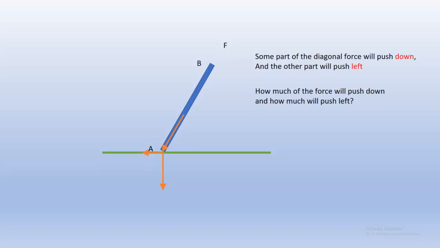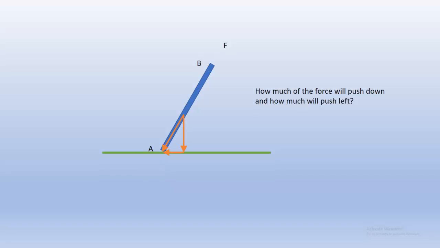Our question is, how much of the force is going to go down, and how much is going to push to the left? So, if you remember your trig, a diagonal force can be broken down into two forces, a horizontal and a vertical force.